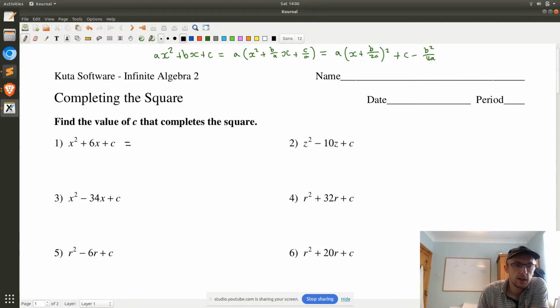Anyway, let's find it here. So, my mind says x plus 3 all squared, and when I do that, it would simply be 9.